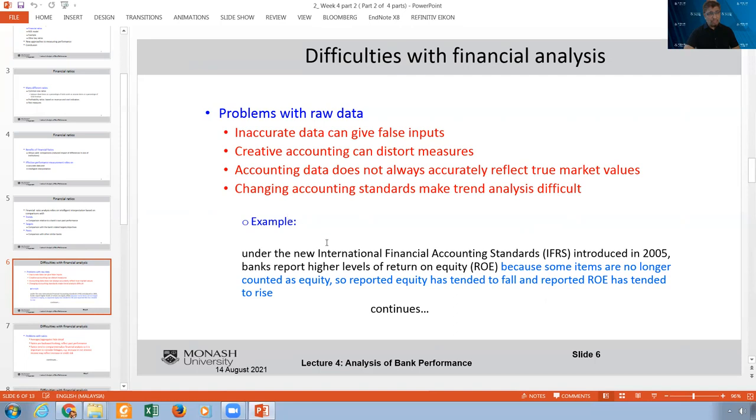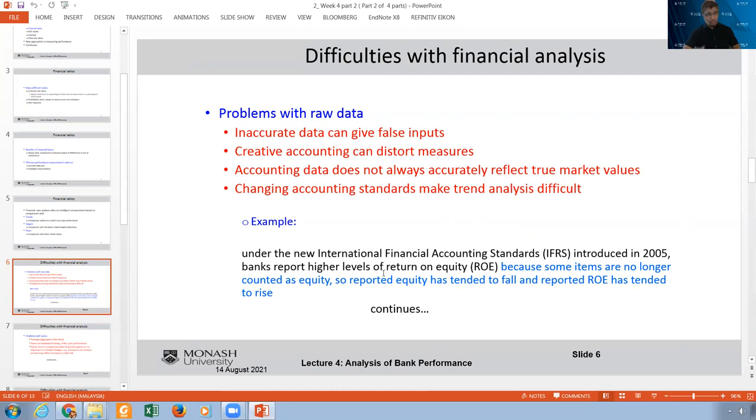Look at this example. In Australia, in 2005, they introduced a new IFRS, and in that IFRS they reduced parts of the equity.